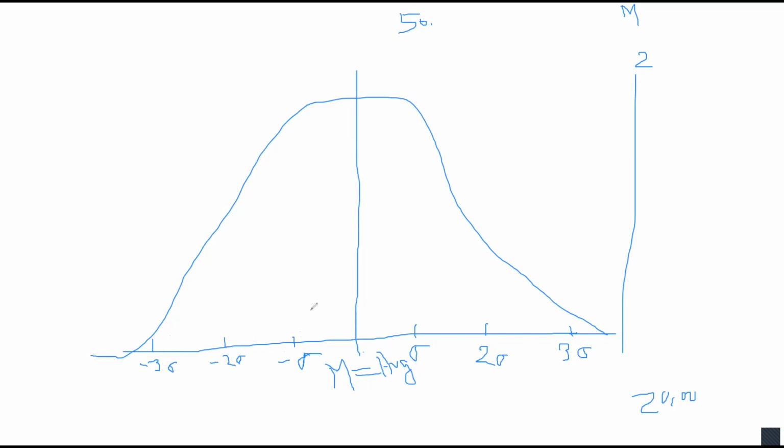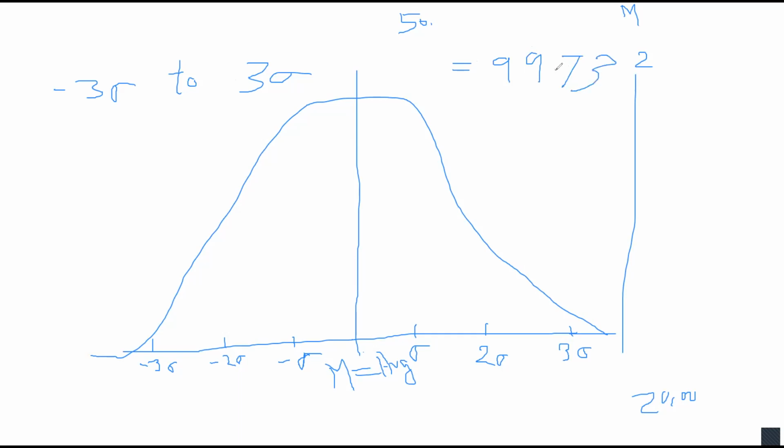So what is the range? Minus 3 sigma to plus 3 sigma. If you studied the empirical rule, what does the empirical rule say? Within 6 sigma, how much data should be there? 99.73%.